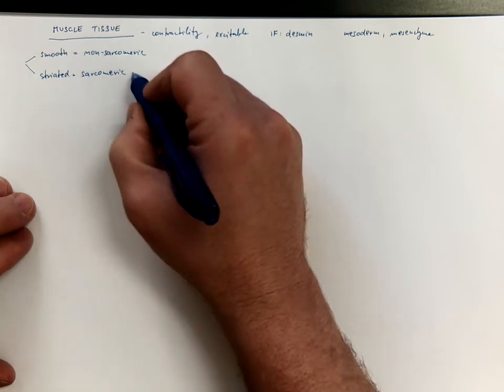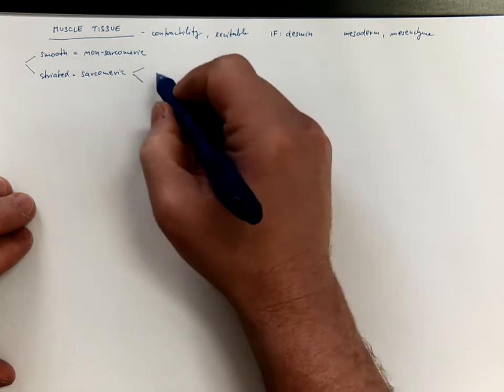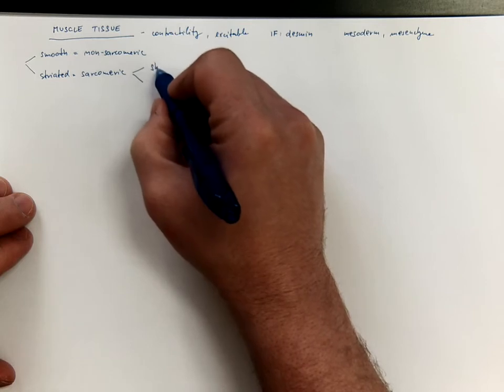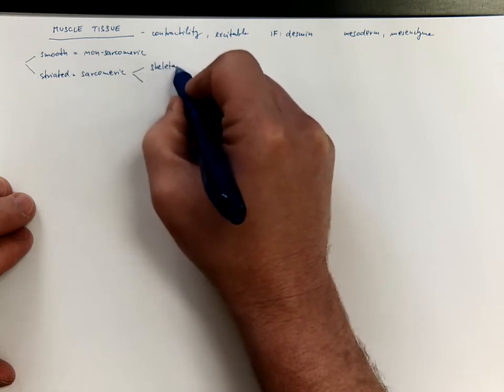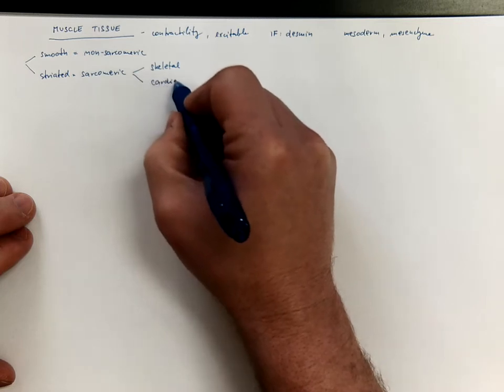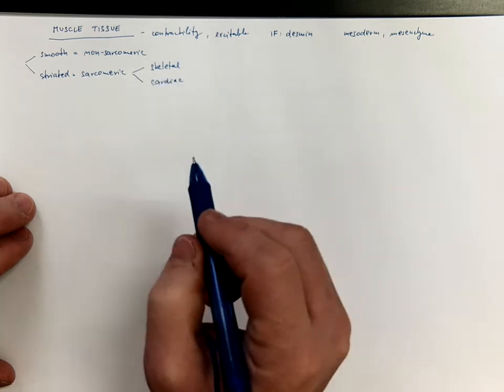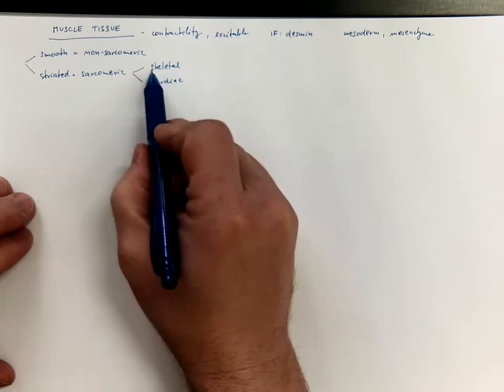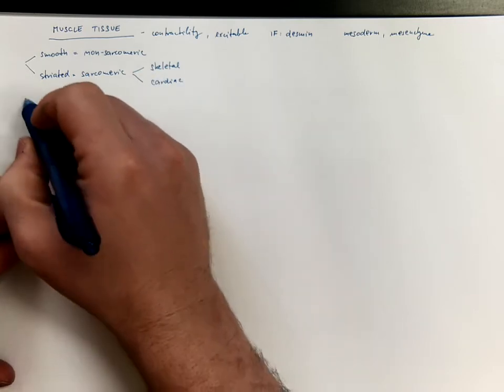And this occurs in two forms, again, either skeletal striated muscle, or cardiac striated muscle. Let's discuss the skeletal striated muscle first.